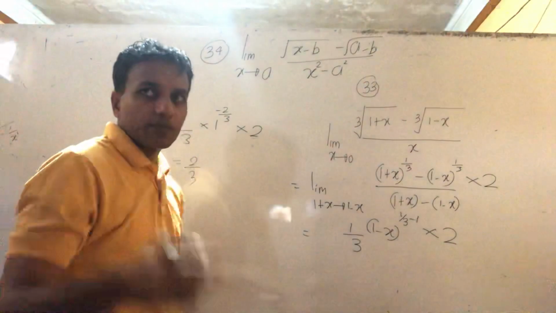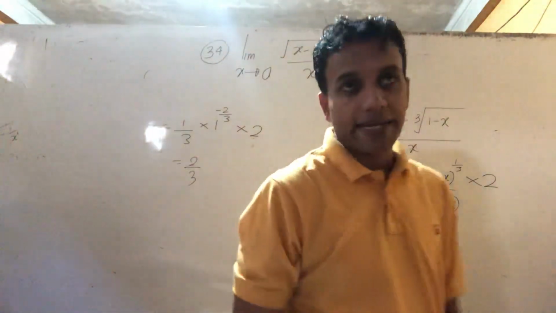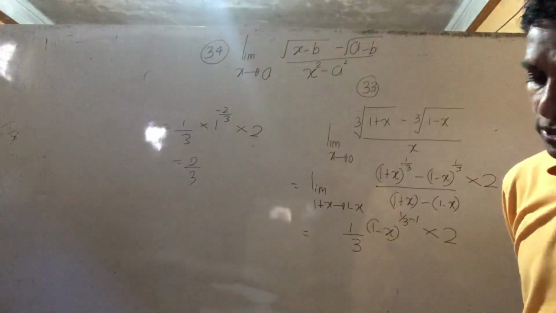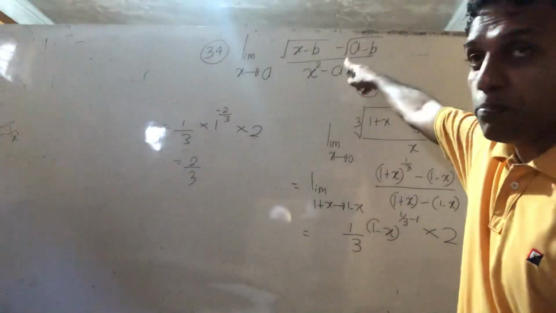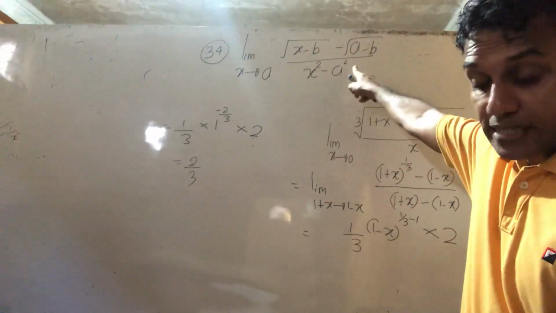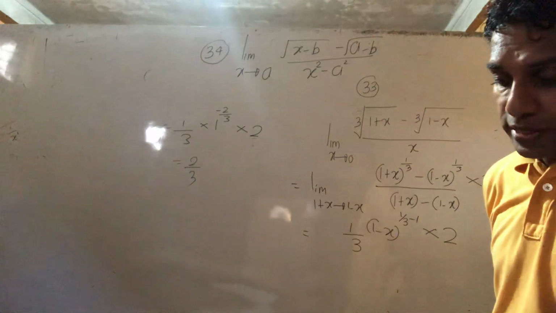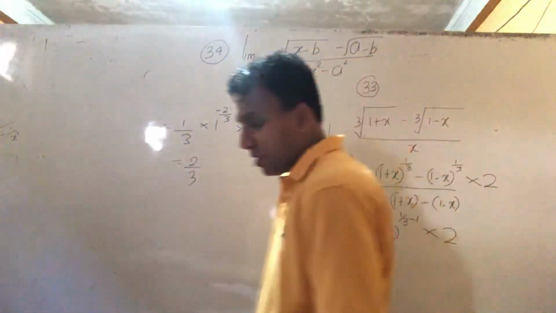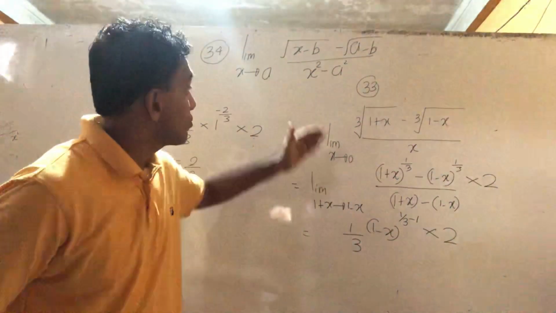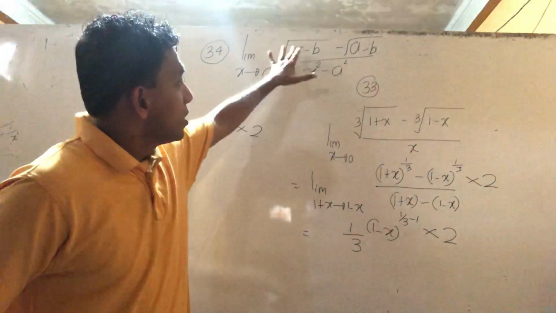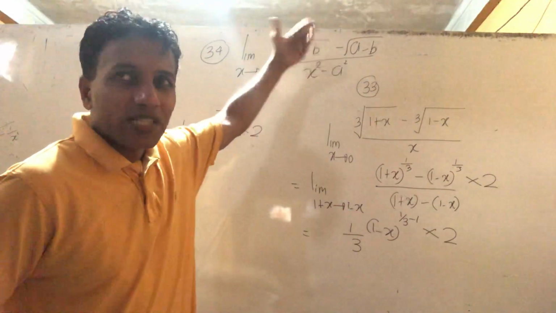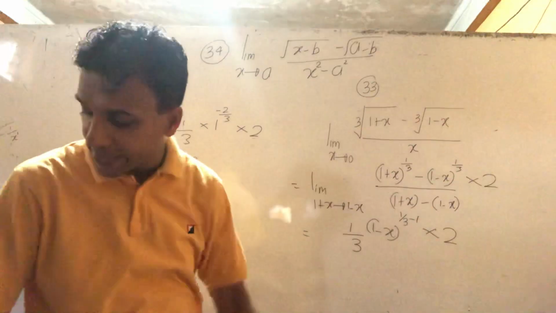I hope you have done this problem earlier. I gave it in the last second video. Question number 34, where a is more than b, that means a is greater than b, right? The condition is available. So what happens if we substitute x for a directly? Here a minus b, 0 over 0. You can't determine.